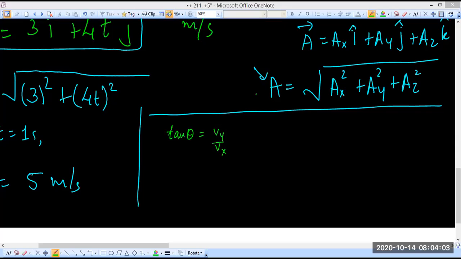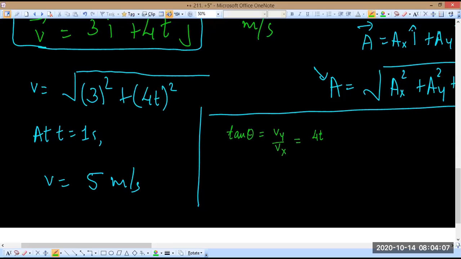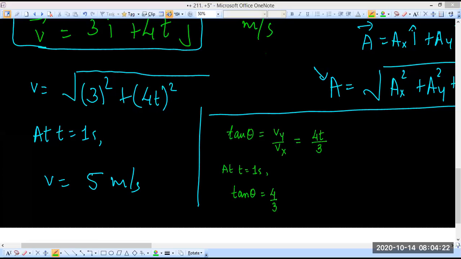Then let's put the values. The y component is 4t and the x component is 3. And we have to do it at time t equal to 1 second. So at t equal to 1 second, tan theta will be equal to 4 by 3, right?